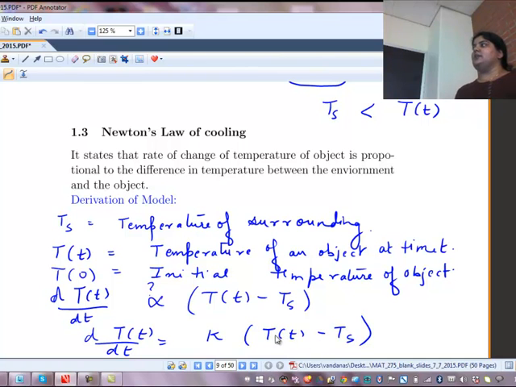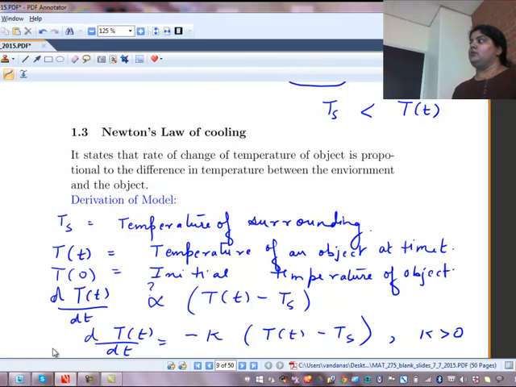Now as you can see, this has to be negative, so k has to be negative, but to impose that k is positive, I will introduce a negative sign in the front. So now the decay in temperature is taking place, and the assumption is that k is positive. Okay, so now we have this differential equation.